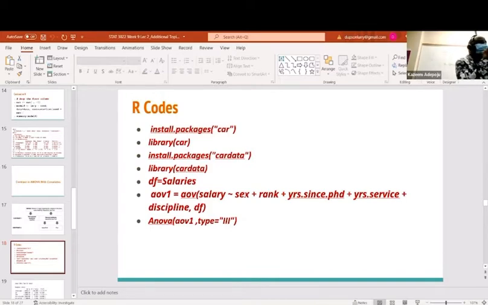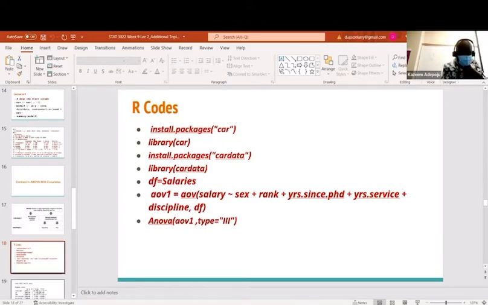But I told you we have other potential variables that need to be included. Because of that, we're going to call those variables covariates. Variables like what? Sex, years in PhD, years in service, and the discipline the professor belongs to, whether the professor is in CLA or in another department. You get what I mean? So take a look at that.